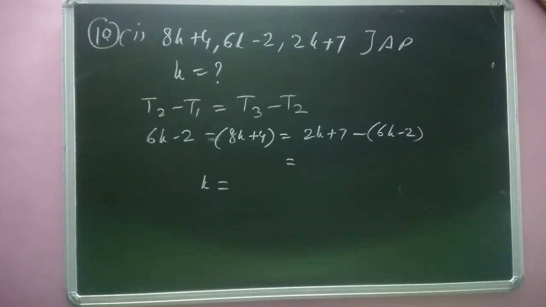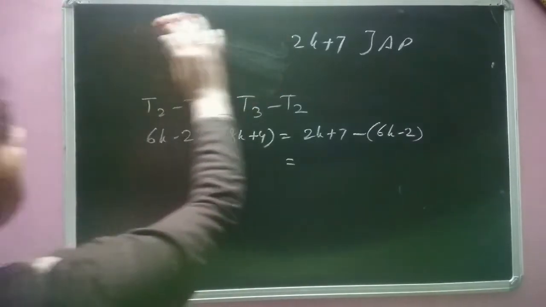In the next question, it is given that you have to prove that the product of the second and the third terms of an AP exceeds the product of the fourth and the first term by twice the square of the difference between the first and the second.